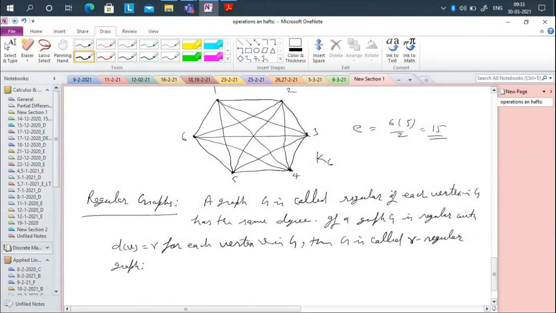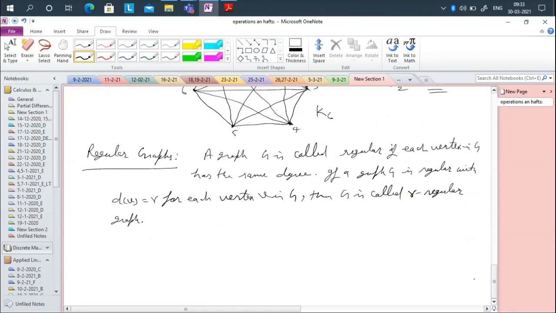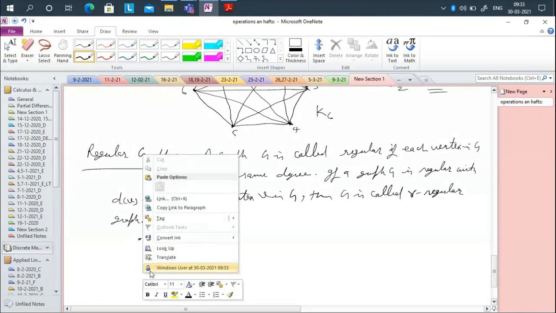Okay, so clearly understand. Now we draw a three regular graph. That means each vertex has degree 3.